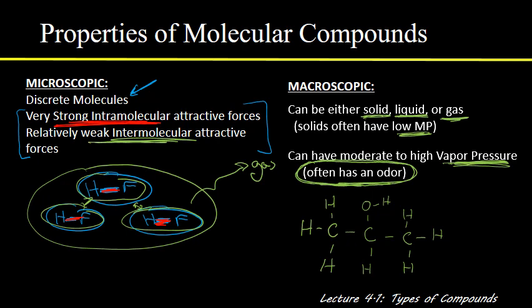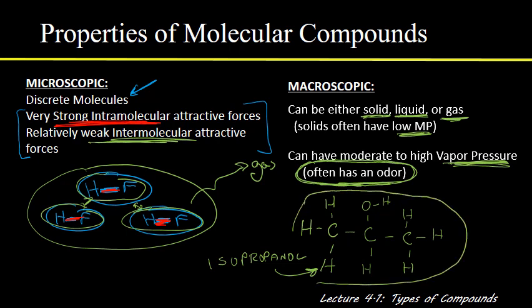Now here's an example. This is isopropanol, right? You can buy it in the store. It's the stuff called rubbing alcohol, right? And this is the stuff that the doctor or a nurse puts on a little cotton swab and wipes on your arm before they give you a shot. As soon as they open that bottle and put it on a little cotton swab, you get that smell instantly.